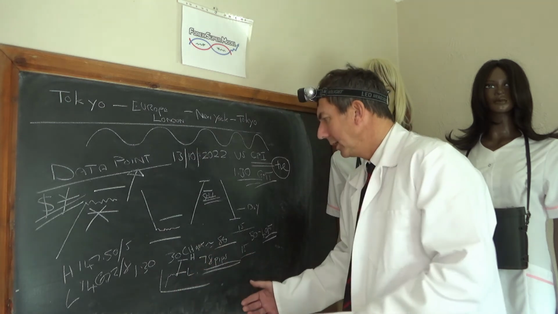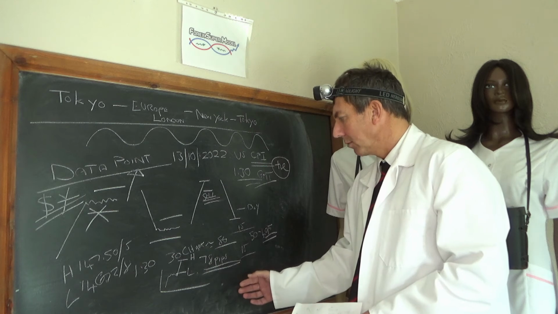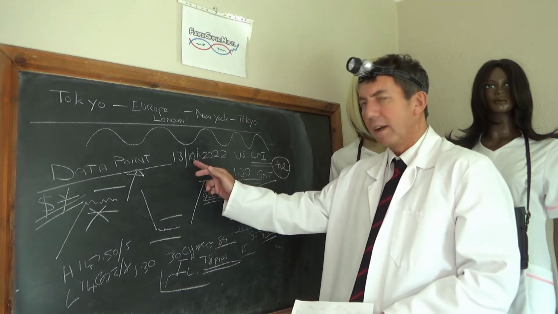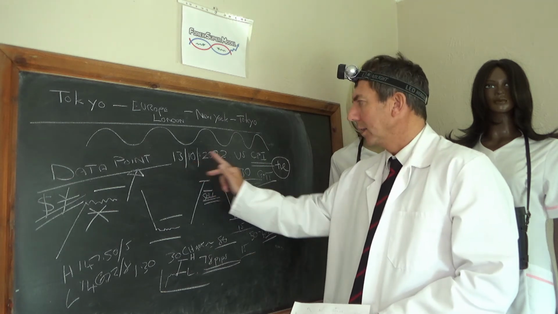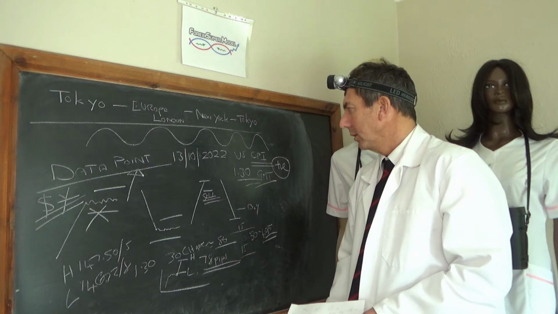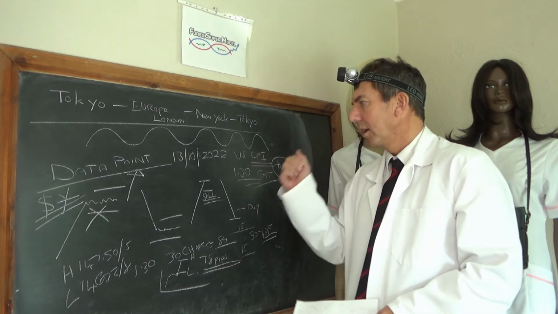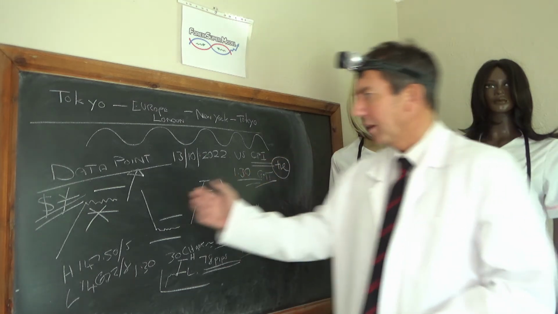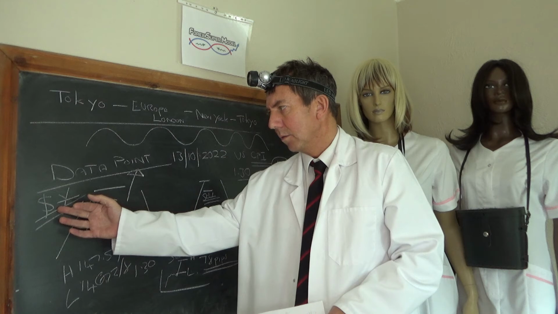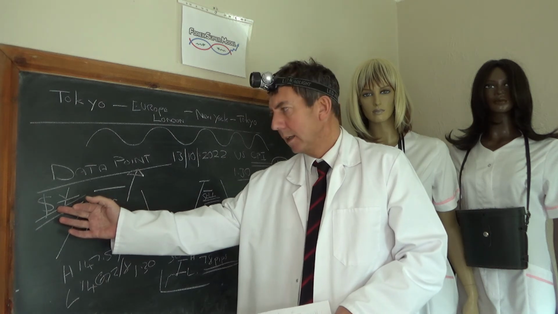So that's a possibility. But that's what you're looking at really, and that was an example fairly recently, 13th of the 10th, 2022, where you could identify the right FX pair that was going to get the spike, dollar yen.